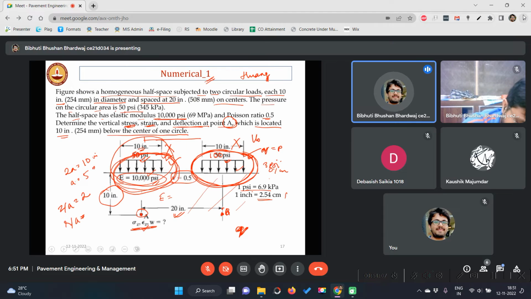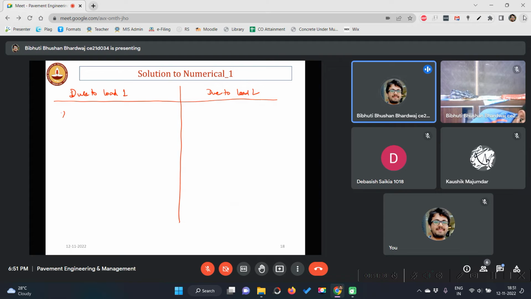Simply we are calling this 1 and this 2. Now because of load 1 at this point, we are not worried about the other load. This anyway will be symmetric. They can ask you somewhere here, then this will be a different question. Now because of load 1, can you give me what will be the value of R by A and Z by A?